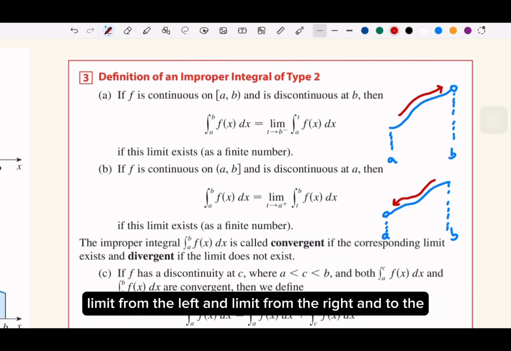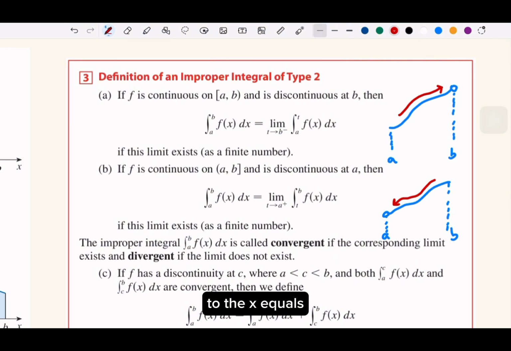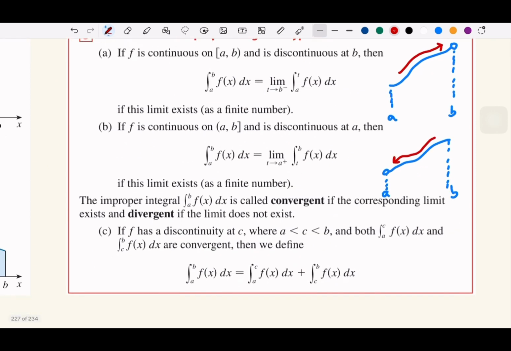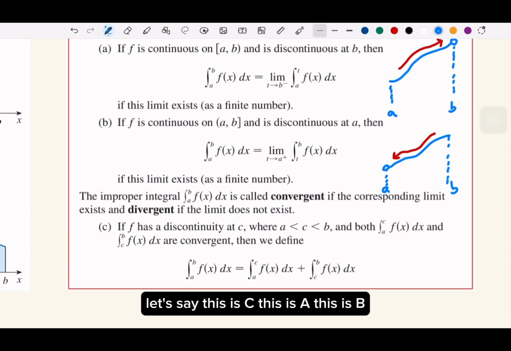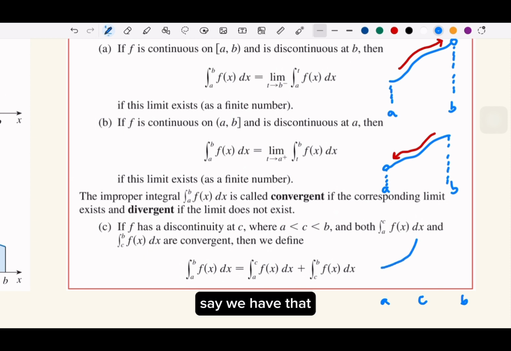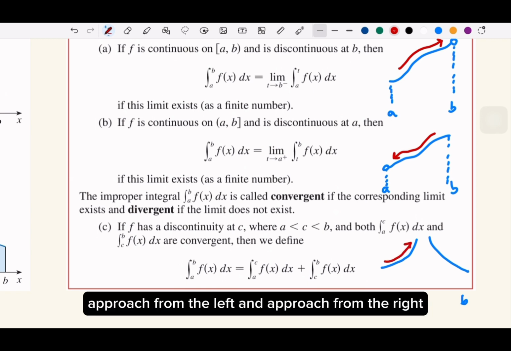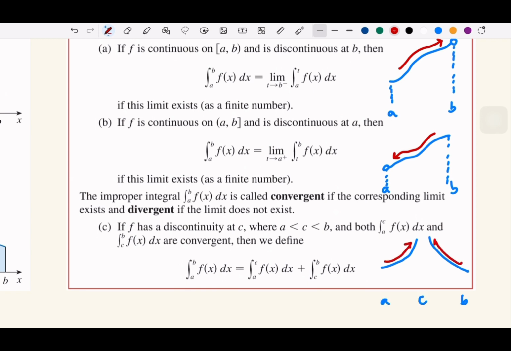Limit from the left and limit from the right, to the number C, to x equals C. Let's say this is C, this is A, this is B. So we approach from the left and from the right.